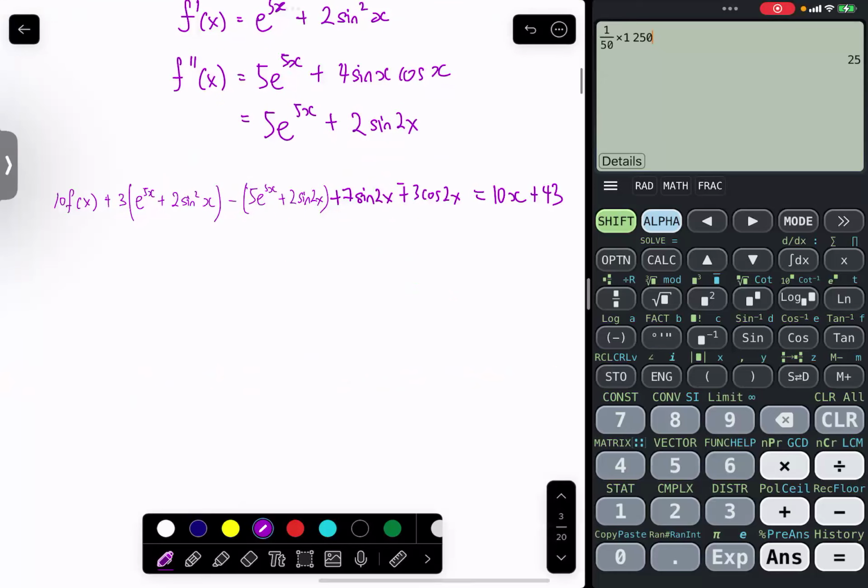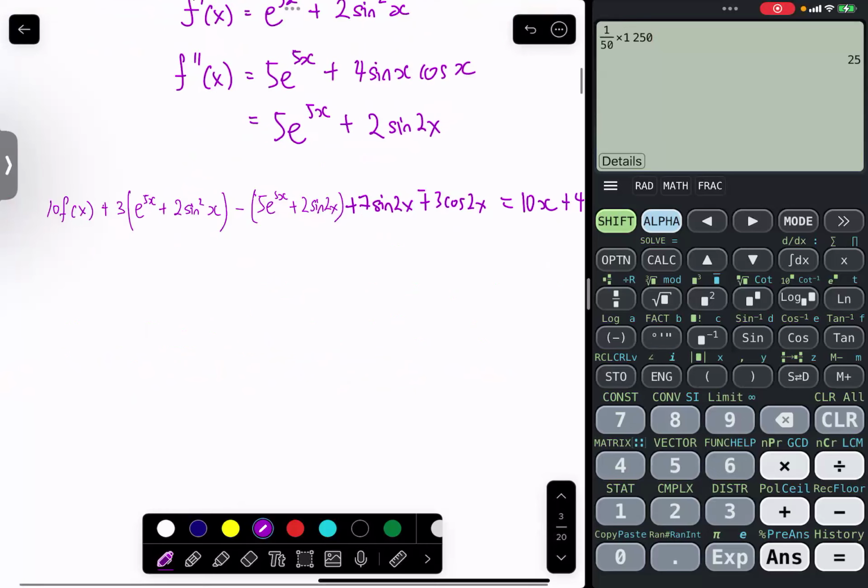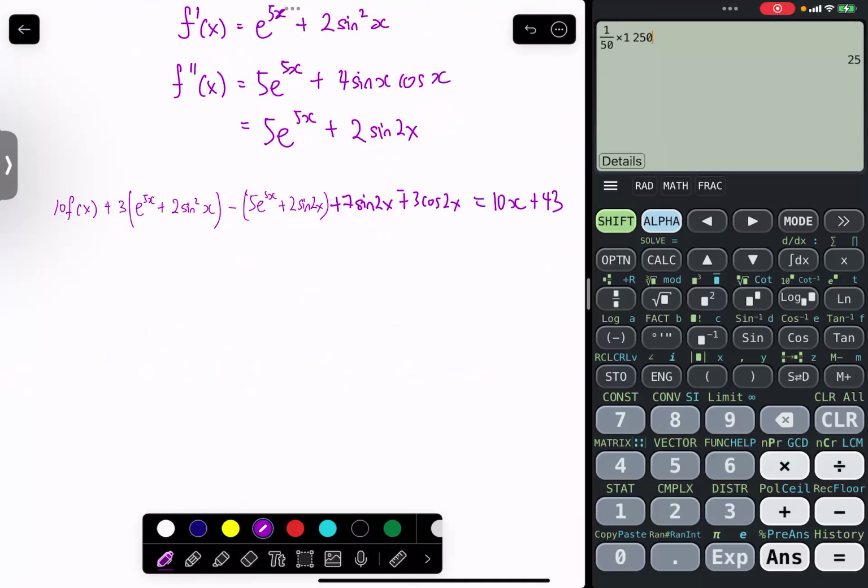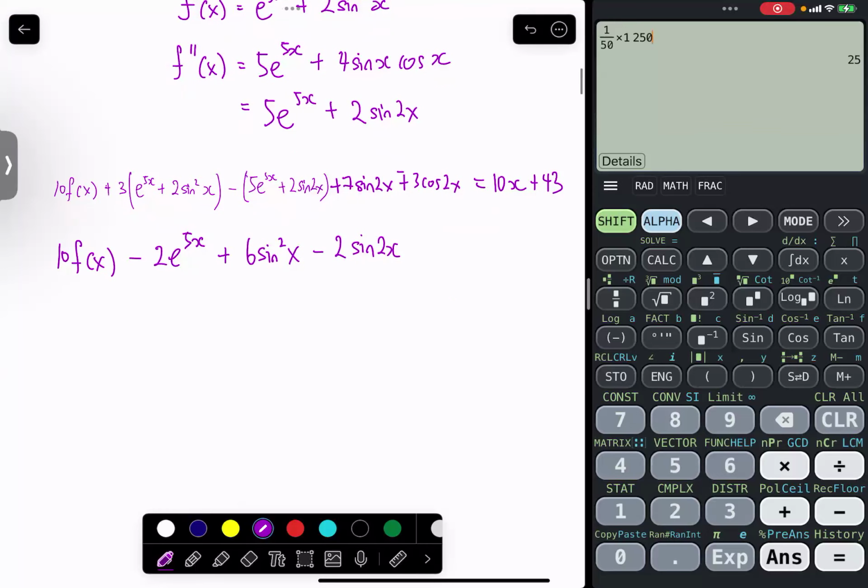All right. So let's see what terms we can simplify. So 10f(x), plus 3e^5x. So we'll have negative 2e^5x plus 6 sine square x minus 2 sine 2x, plus 7 sine 2x.